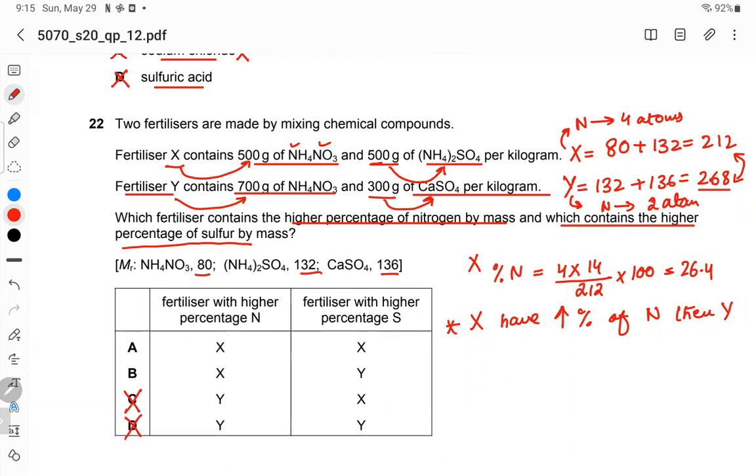Now we are left with A and B. In B, they are saying that the percentage of sulfur is higher in Y. So let's look at the percentage of sulfur in both cases.